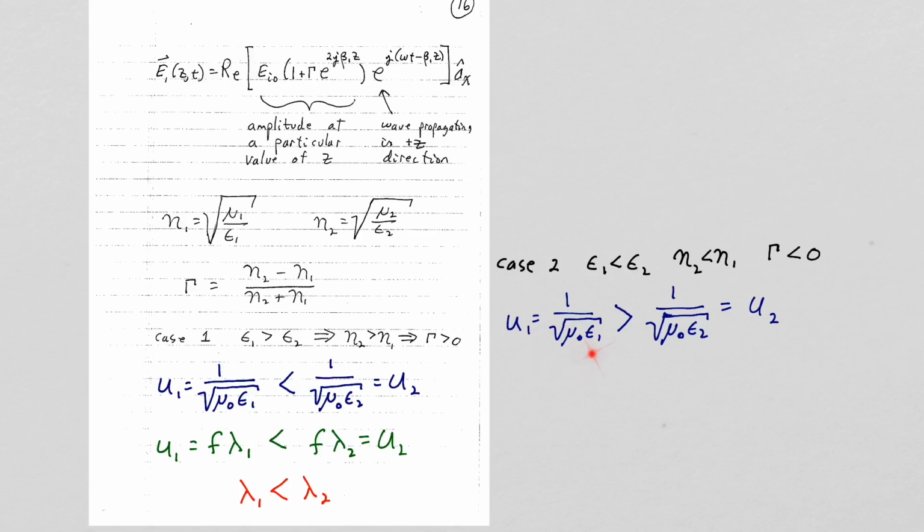The velocity of the electromagnetic wave in material 1 will be greater than the velocity of the electromagnetic wave in material 2, which will mean the wavelength of the electromagnetic wave in material 1 will be greater than the wavelength of the electromagnetic wave in material 2.